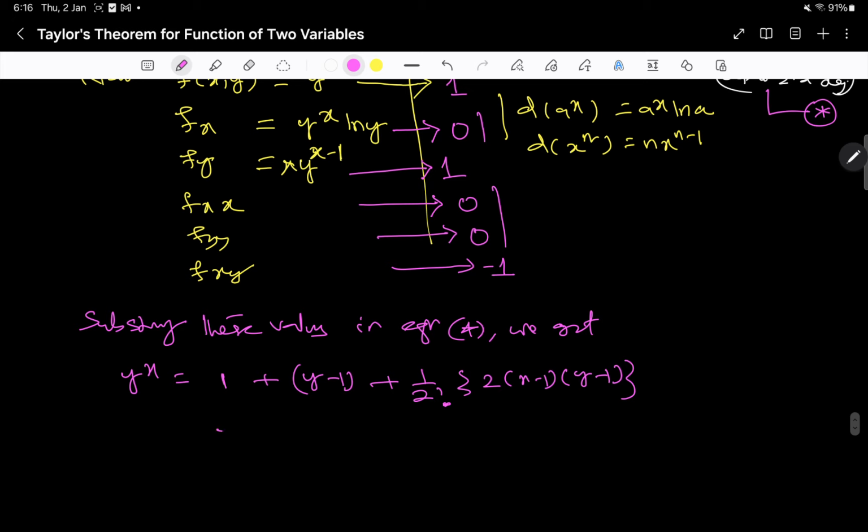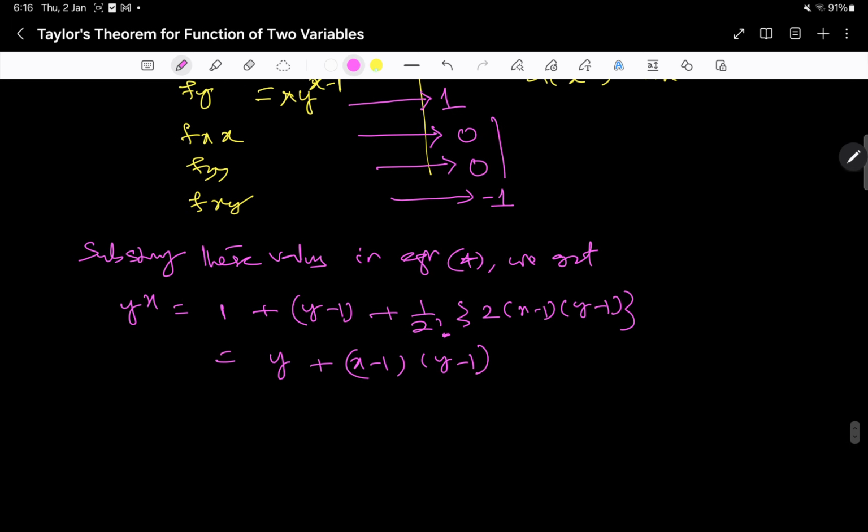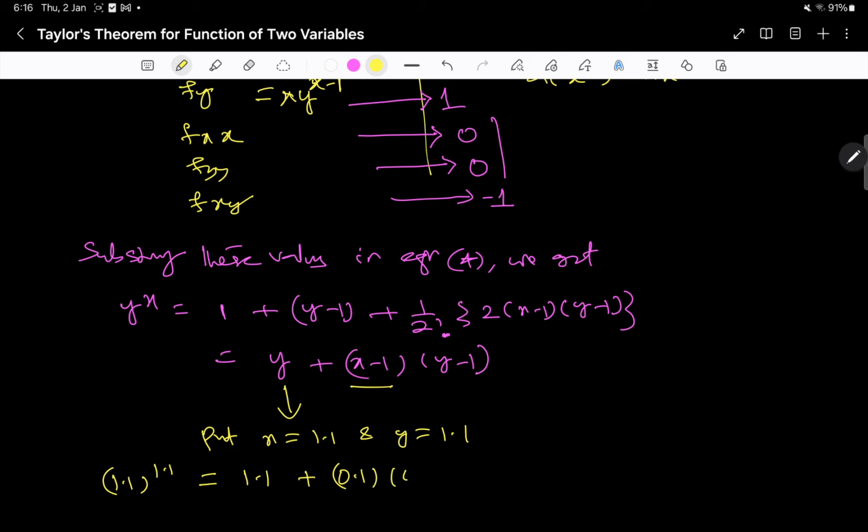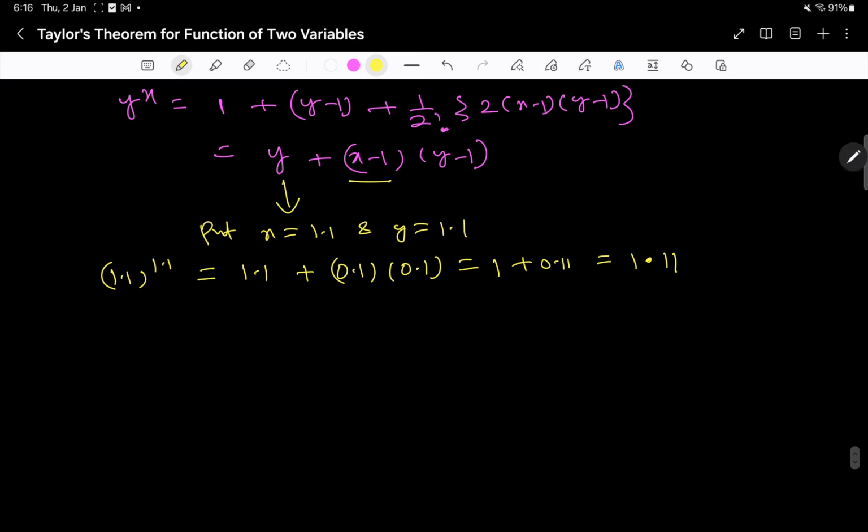Simplifying, we get y plus x minus 1 into y minus 1. Now if you put x equal to 1.1 and y equal to 1.1, then my 1.1 to the power 1.1 will be 1.1 plus 0.1 into 0.1, so this is 1 plus 0.11, this is 1.11. Let me solve one more example, in fact the last example.